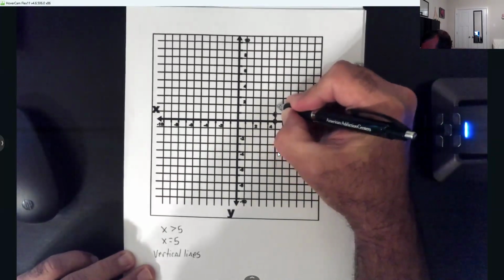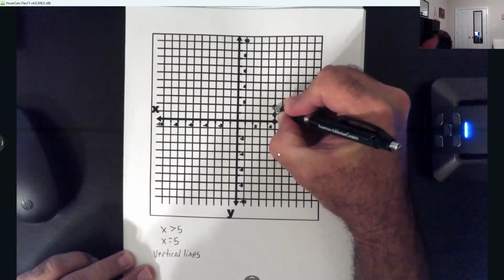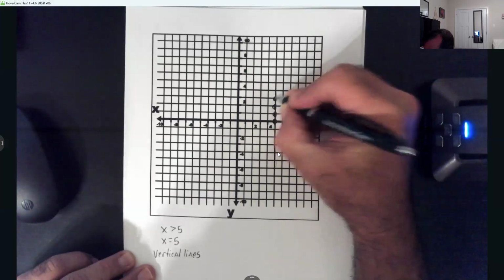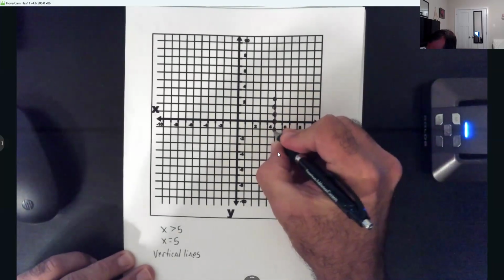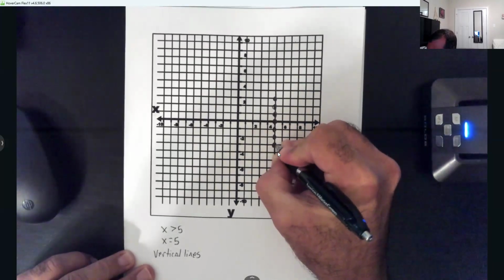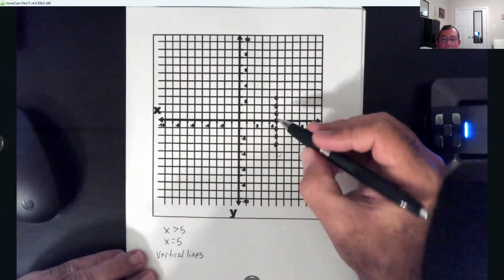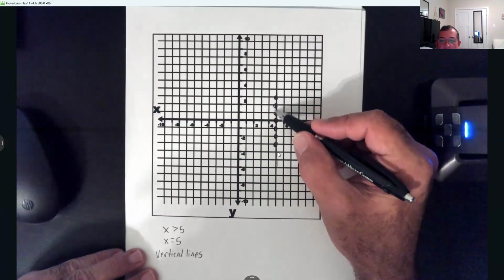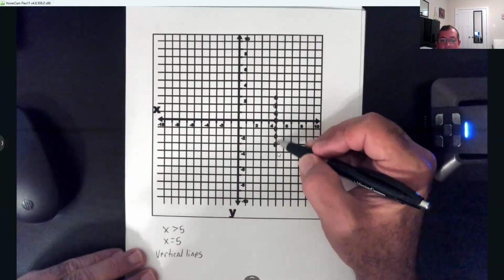So y'all, every point on this vertical line, what's the X value equal?